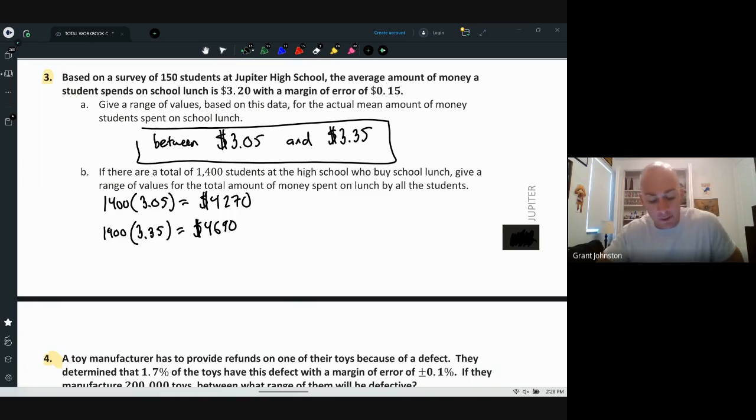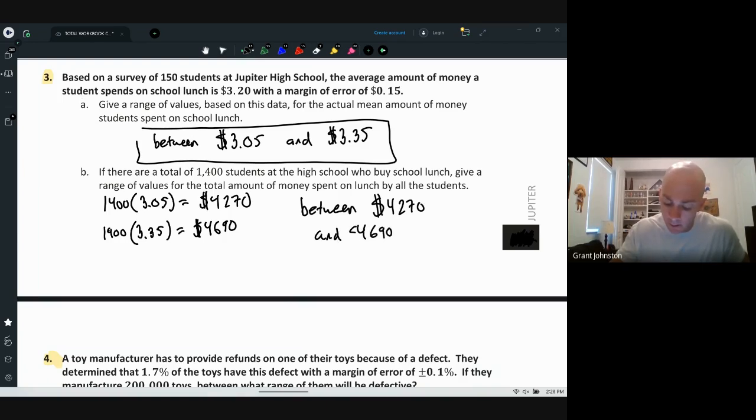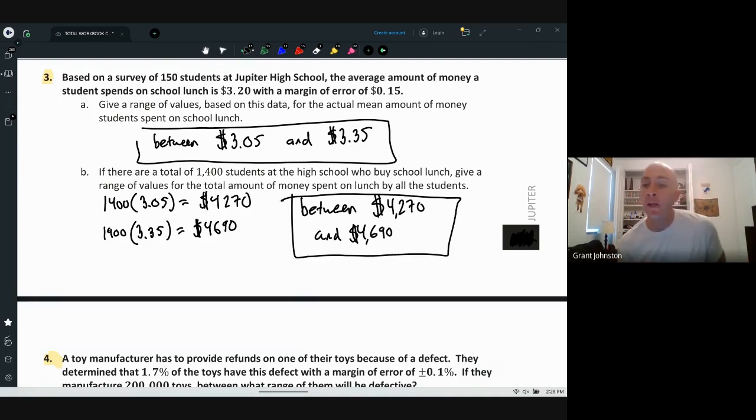So to answer the question, the range for the total amount of money spent on lunch by all the students would be between $4,270 and $4,690. So that's how much money in sales the school cafeteria we could estimate would make off of those 1,400 students.